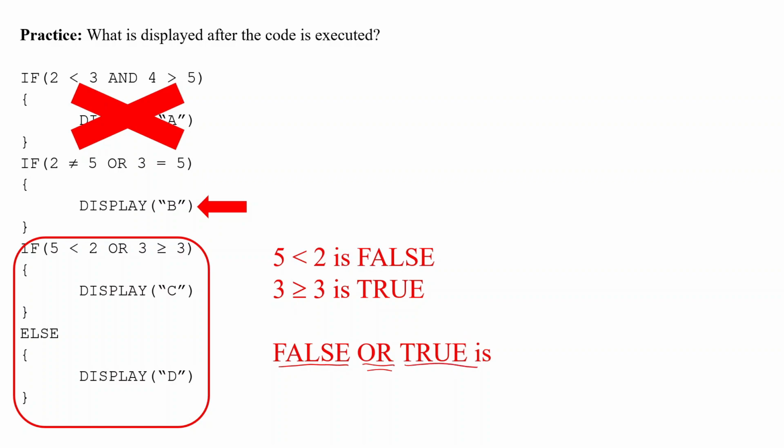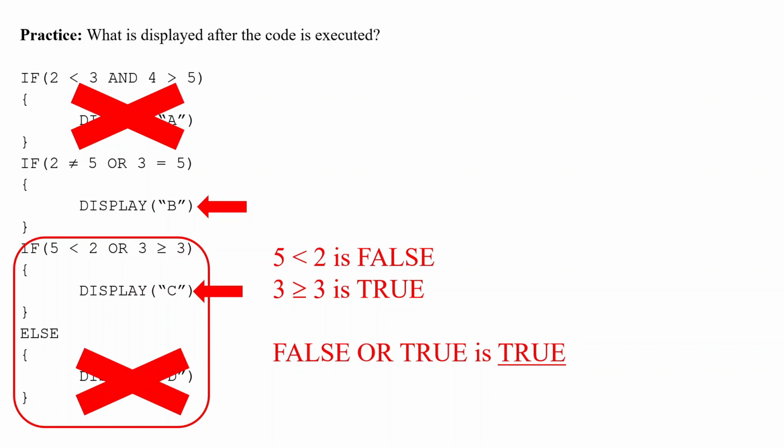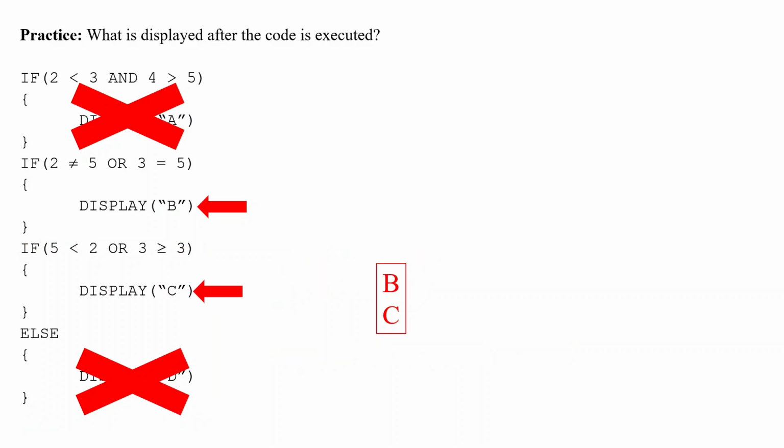Because it's an or, as long as one of them is true, the whole thing is true. And when the whole thing is true, I'm going to run the code inside of my if statement, and skip the code in my else statement. So what will get printed after the code is executed? BC. B got printed and then C got printed. All right.